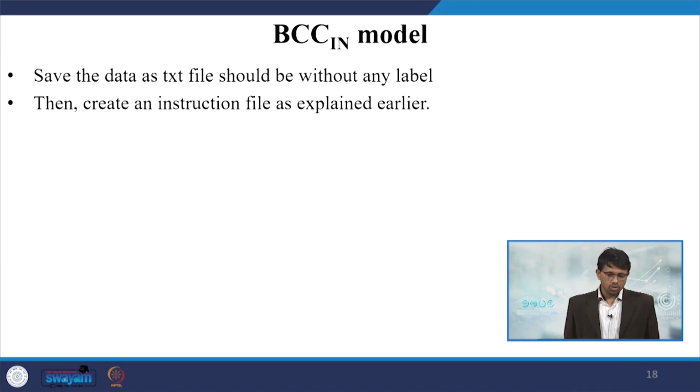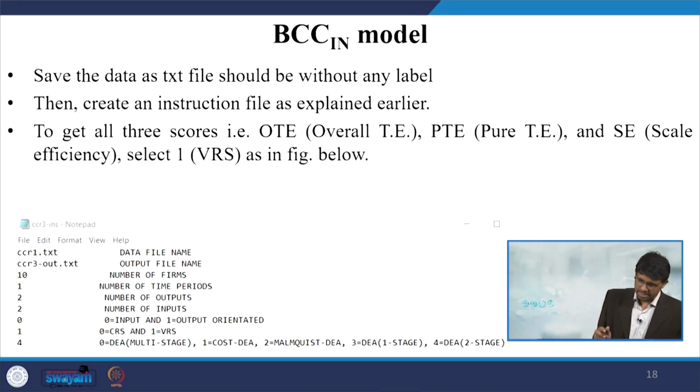Next, we will be explaining this BCC input model. In that case we will be using a separate file, bcc.txt, and I will show you in detail. I have made everything here, but there are simple differences, just a clarification in this case; the rest are more or less the same.